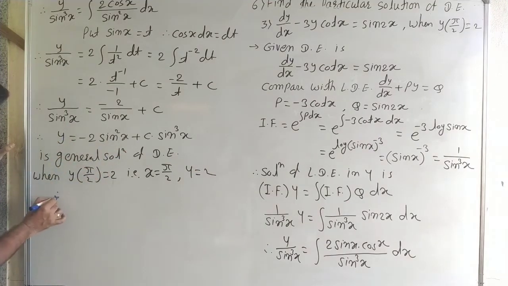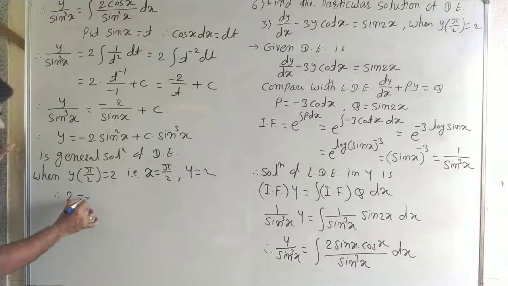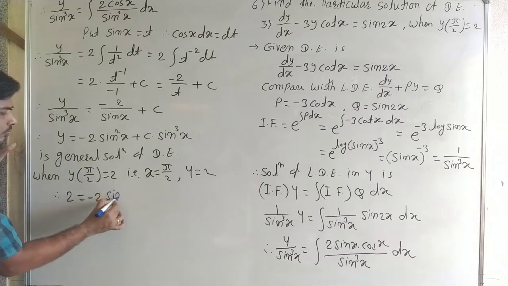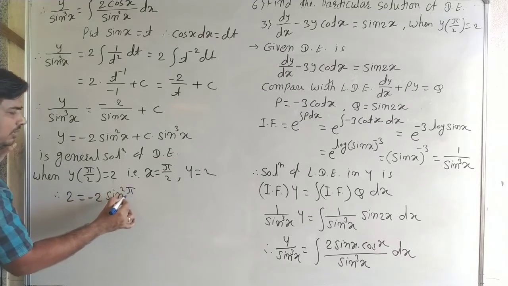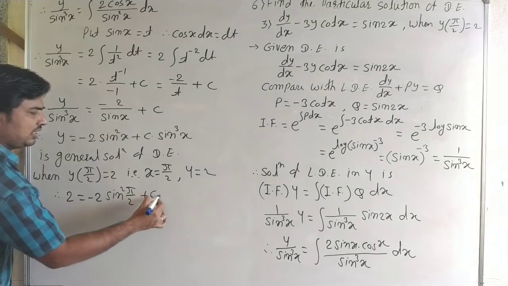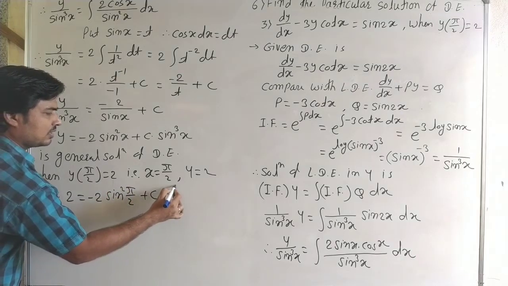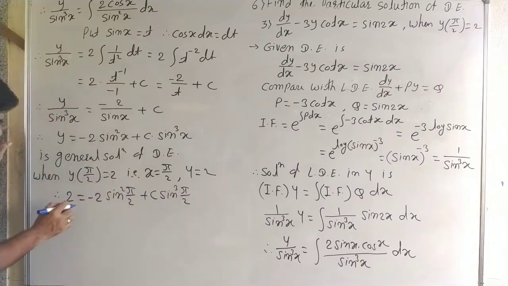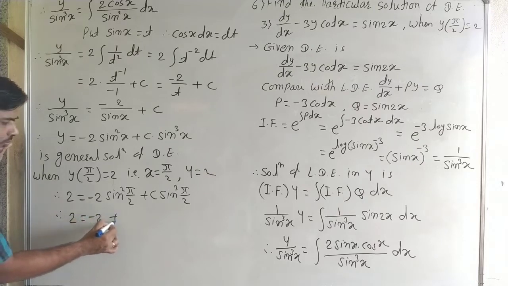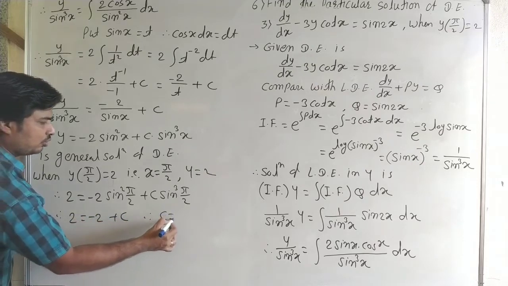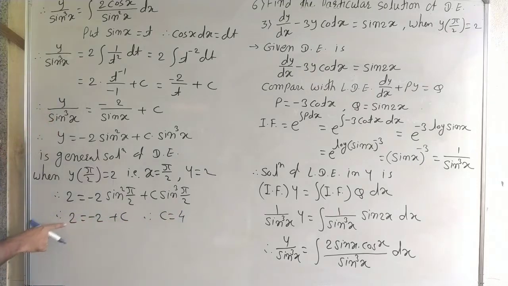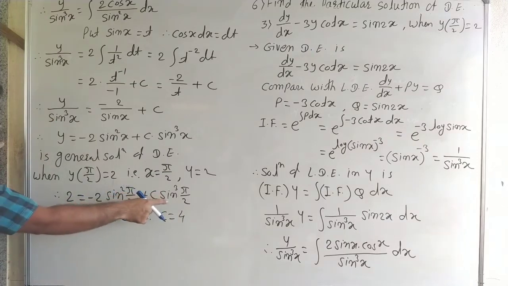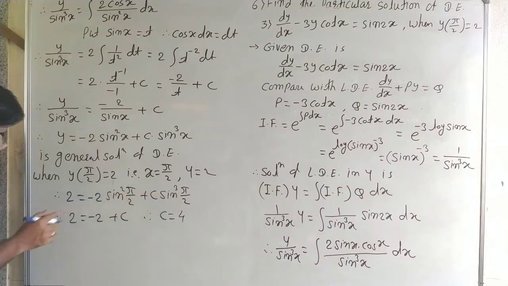Therefore 2 is equal to minus 2 into sin square pi by 2 plus c into sin cube pi by 2. We know that sin pi by 2 is 1, therefore 2 is equal to minus 2 plus c, and therefore c is equal to 4.